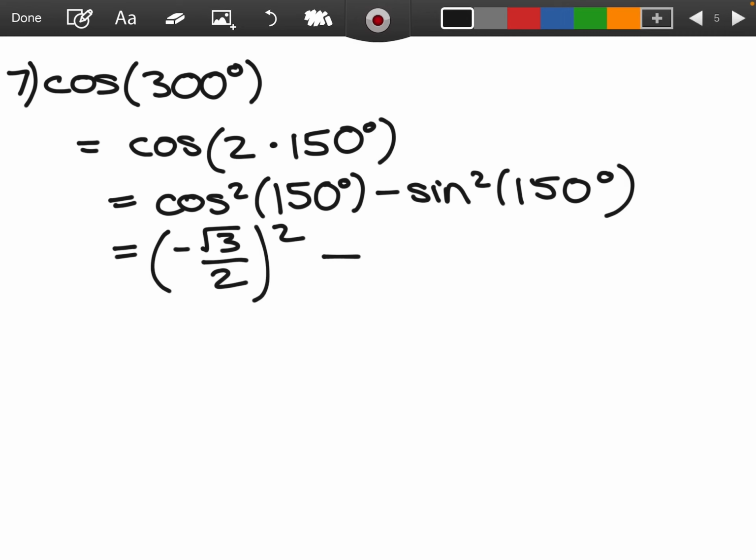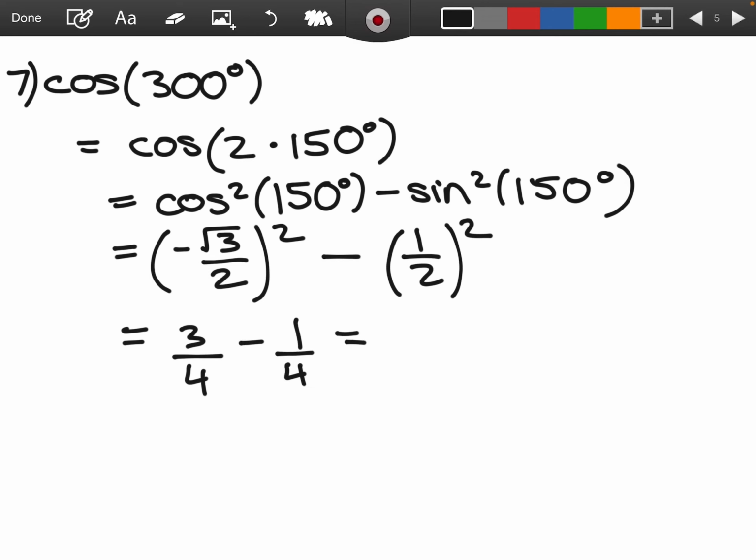Sine of 30 degrees is 1/2, and sine of 150 degrees has that same sign, still positive because the y coordinate on the unit circle is positive. When you simplify this out, you get 3 over 4 minus 1 over 4, which gives you 1/2.